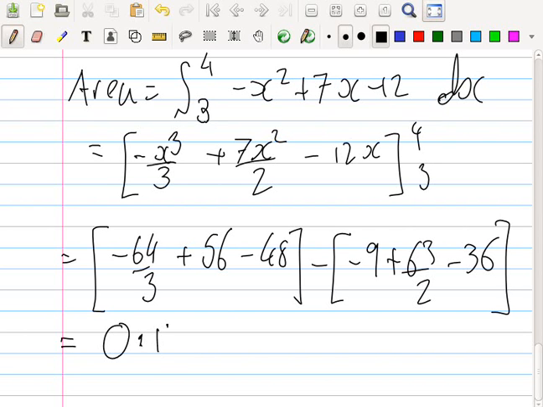I think at the back I might have rounded it up to 0.17. It's 1/6, is it?